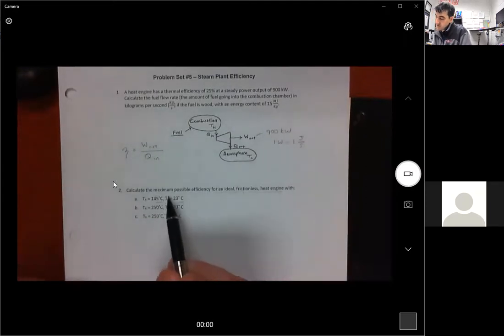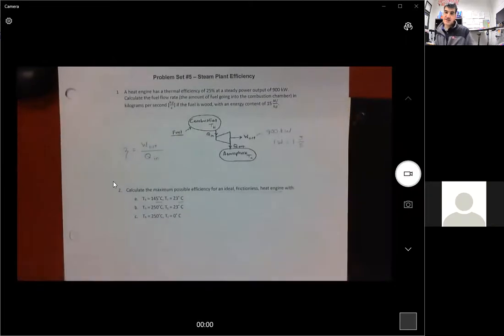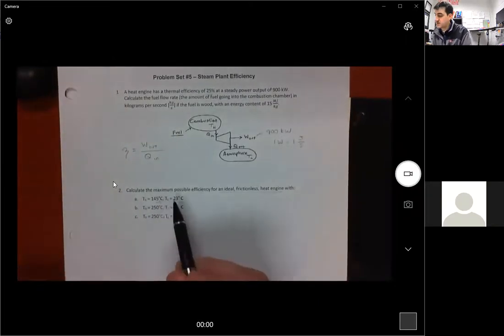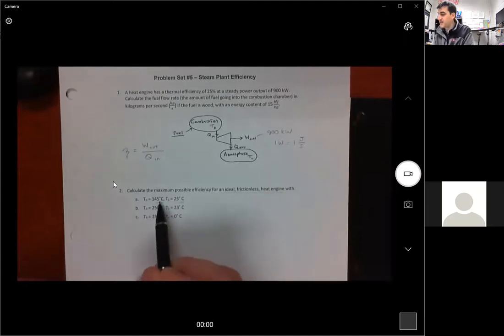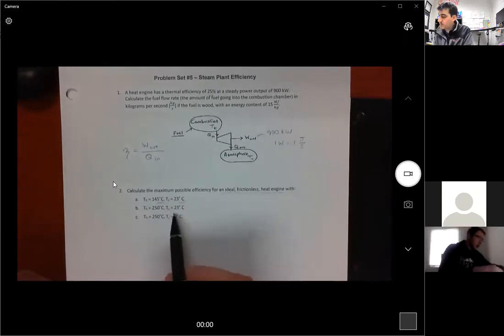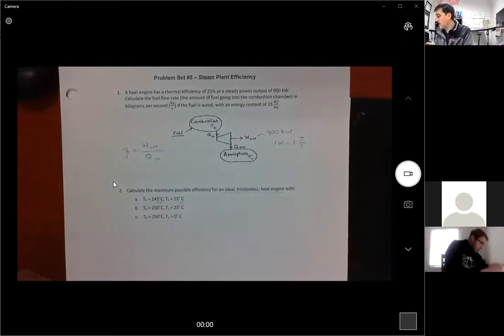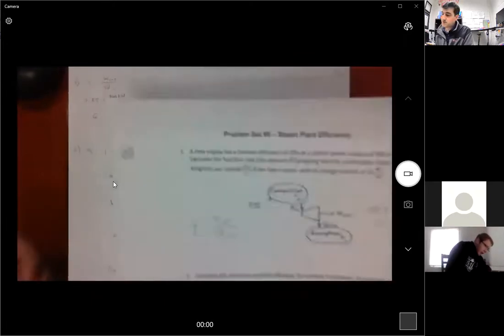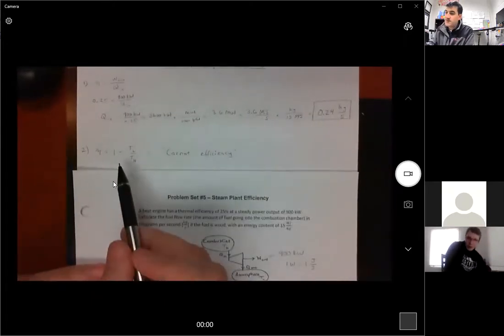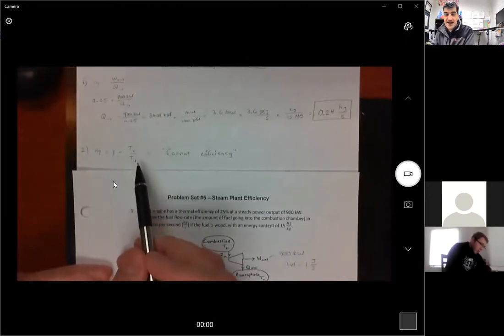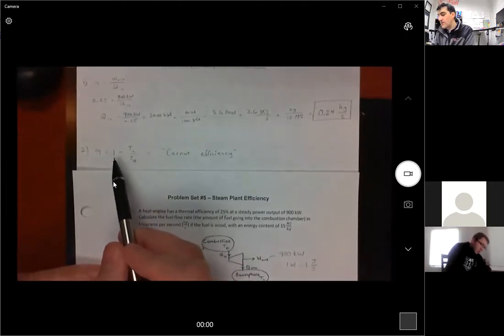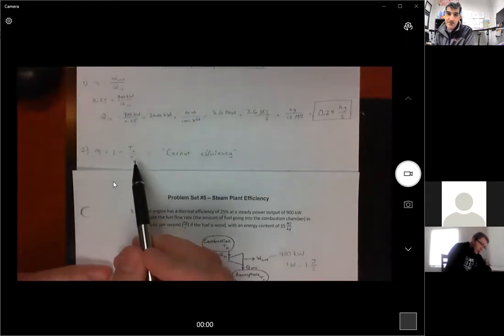So the only thing that's really kind of tricky about this is you have to remember to convert these to Kelvin. So you need to take 145 degrees Celsius and add 273 to get the temperature in Kelvin, and the same thing with all of these other values. And after that, it's really straightforward. You just plug them into the Carnot efficiency equation, 1 minus T low divided by T high, or you can think of it as 1 minus T cold divided by T hot.